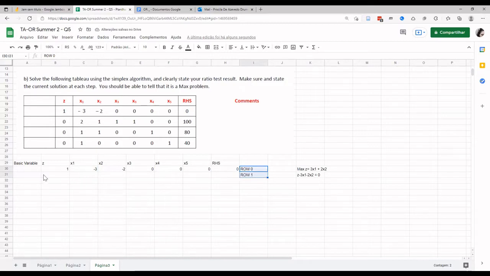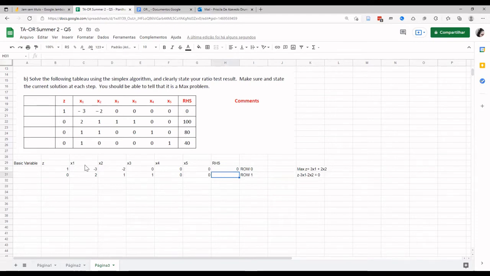In the first row, we will have our first constraint represented. It's 2x1, 1x2, and 1 for the first slack variable that corresponds to our first constraint.